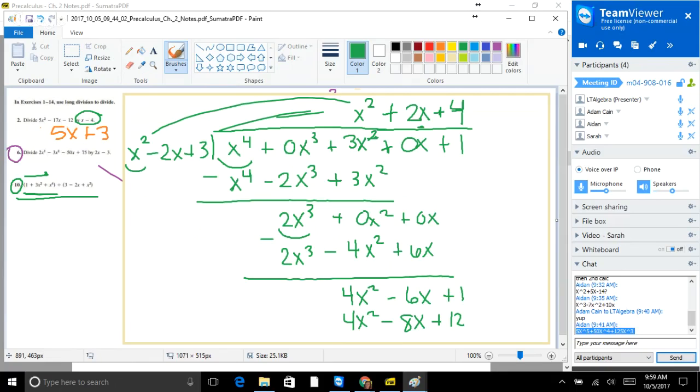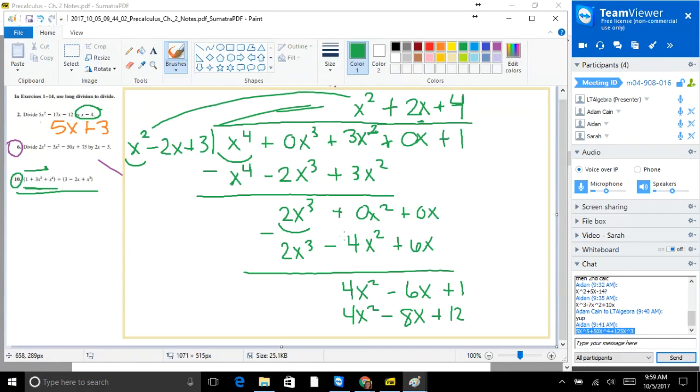So then I'm running out of room. When I go to subtract, I end up with 2x minus 11. Okay, so I didn't even think this last one had this, but this actually has a remainder.